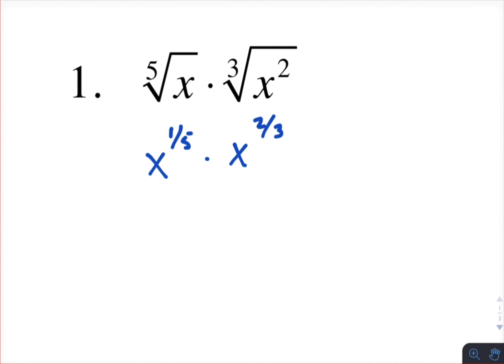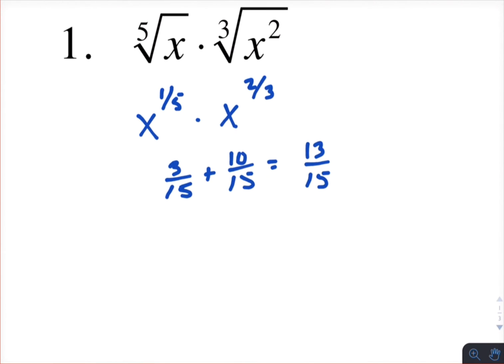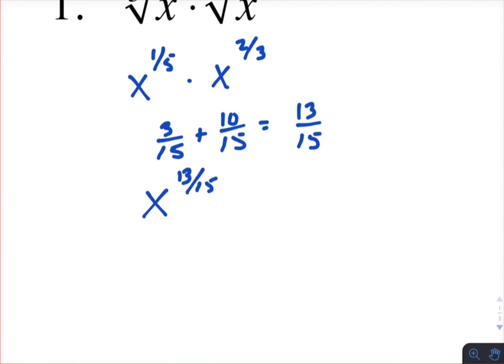We need a common denominator, so that's 15, so that's going to be 3/15 plus 10/15, giving us 13/15. So we basically have x to the 13/15. So that is the 15th root of x to the 13th.